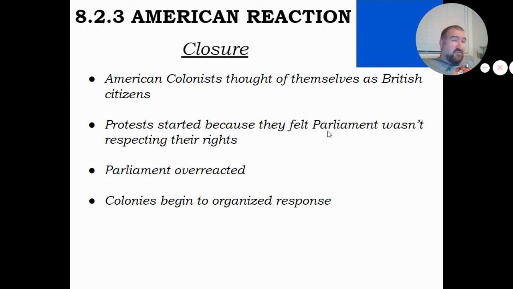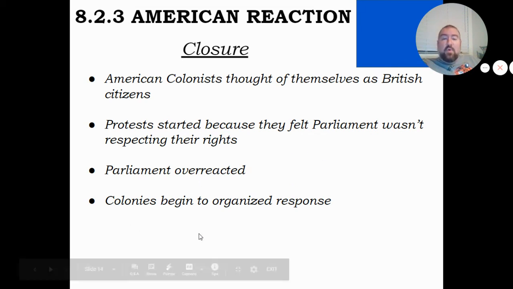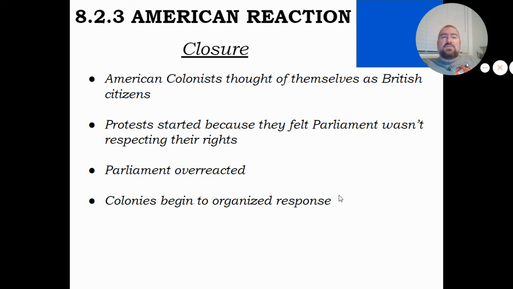This is actually like the third or fourth time. But this is the first time that it's stepping up. They're saying, look, we need to organize, and we need to get ready to do this again if we have to. So that's the big takeaway. The colonies are organizing against the British government and making plans to do more.